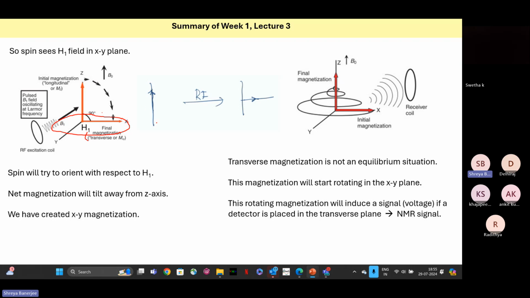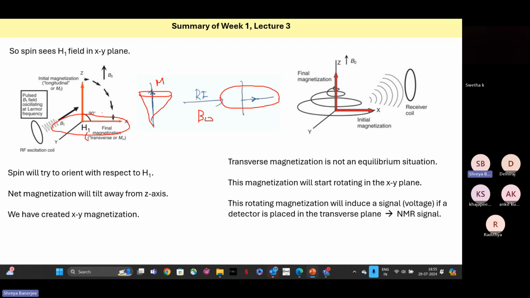So initially your entire magnetization M was in the Z direction. When a radio frequency or external magnetic field B0 is applied, the magnetization changes direction to come in the XY plane. And in the XY plane, it rotates similar to Larmor precession. In the Z axis also, it was rotating kind of in a cone.